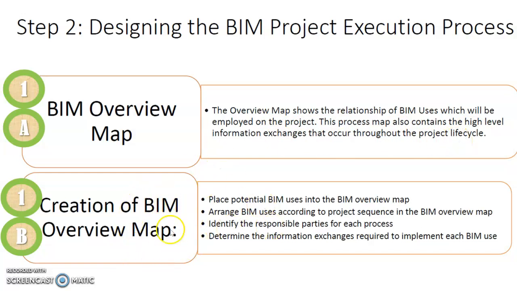So to create the BIM overview map, we place all the potential BIM uses, your 3D BIM model, coordination model, and so forth, into this map, and arrange the BIM uses according to the project sequence in the BIM overview map, and identify the responsible parties for each particular BIM use. Determine the information exchange required to implement the particular BIM use. So that is the intention of the first step.